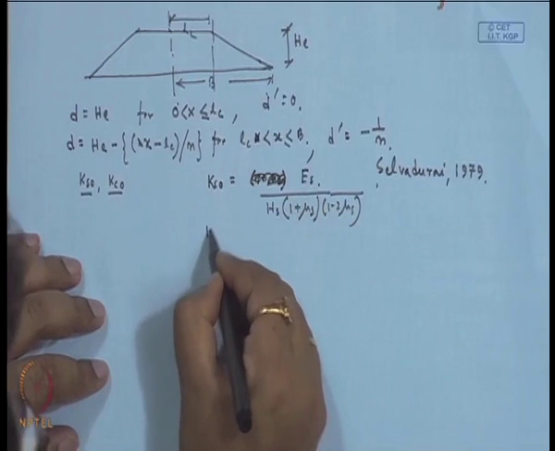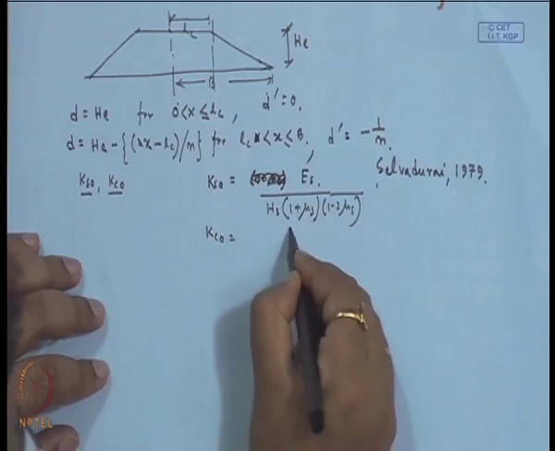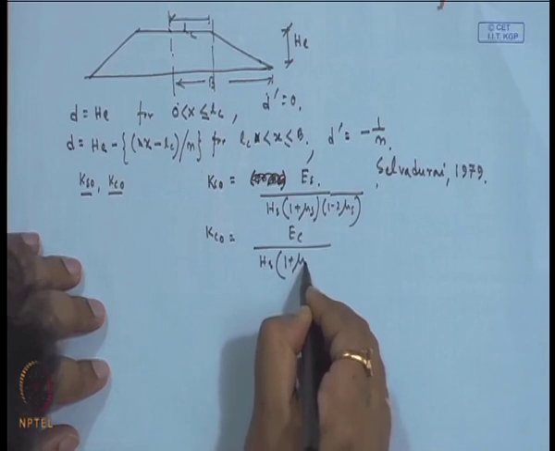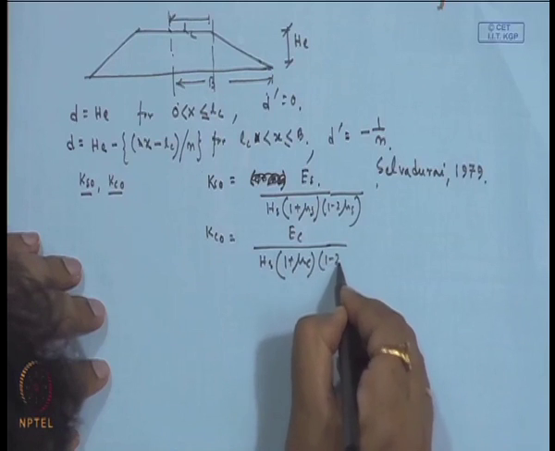Similarly, Kc 0 is E c divided by H s into (1 plus mu c)(1 minus 2 mu c).